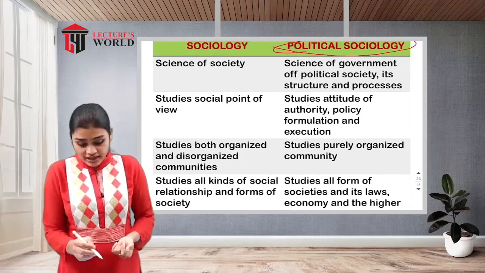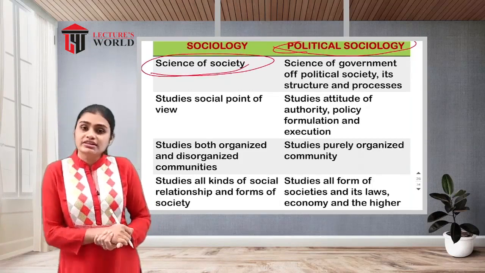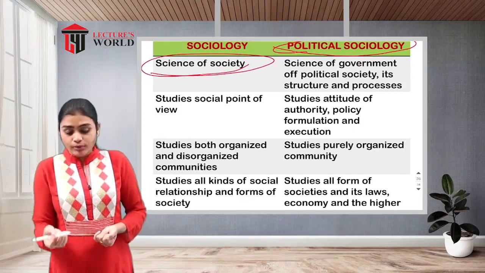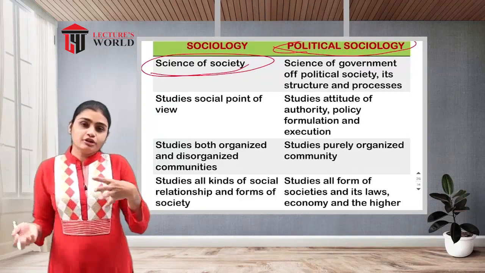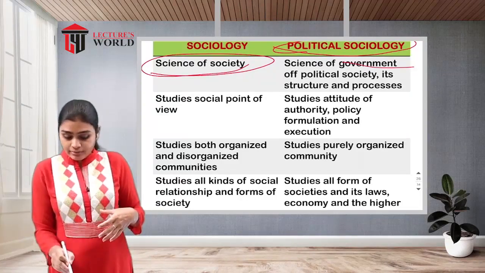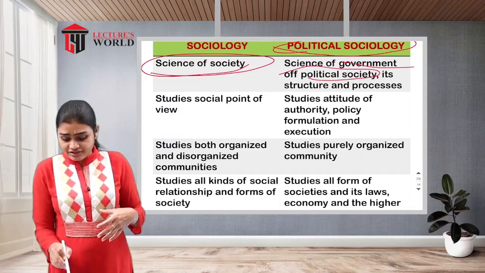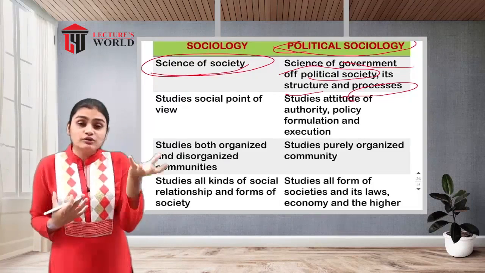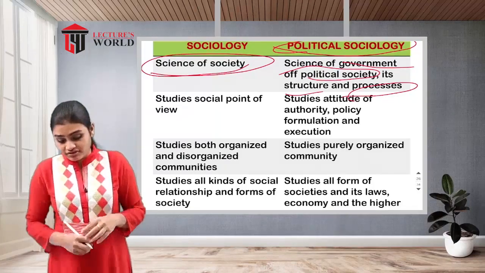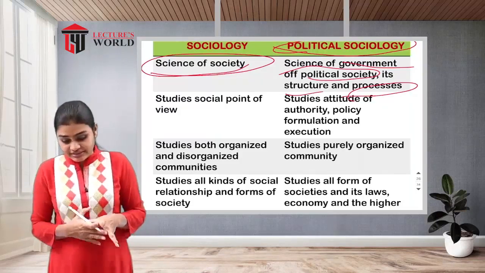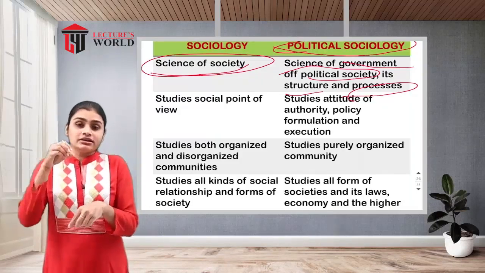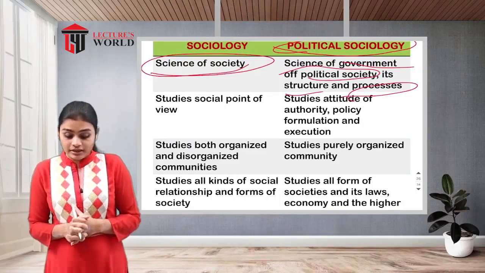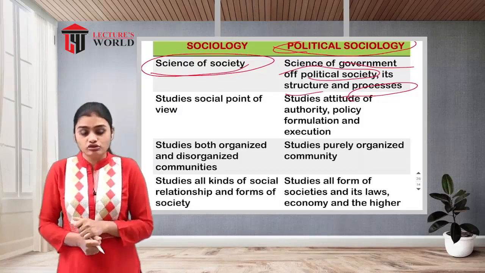Sociology, as we know, is the science of society, whereas political sociology is related to politics, that means the government and the political society, its structure and processes, how one political society is working, what the rules and regulations of that particular society are, what structure it possesses, and what processes are carried out. Those things will be involved in political sociology.